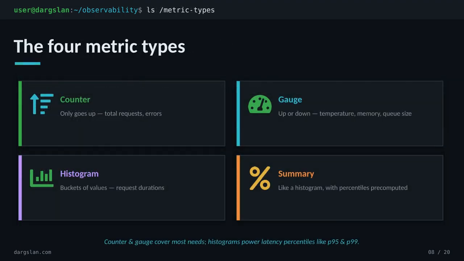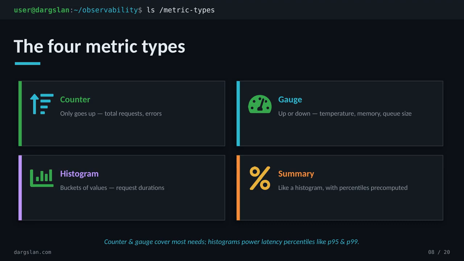That type comment hints at something bigger. Prometheus really only has 4 metric types to learn. Counters only climb upward, perfect for things like total requests or error counts. Gauges move freely in both directions: memory usage, queue depth, temperature. Histograms bucket observations so you can compute latency percentiles like P95 or P99 later in PromQL.